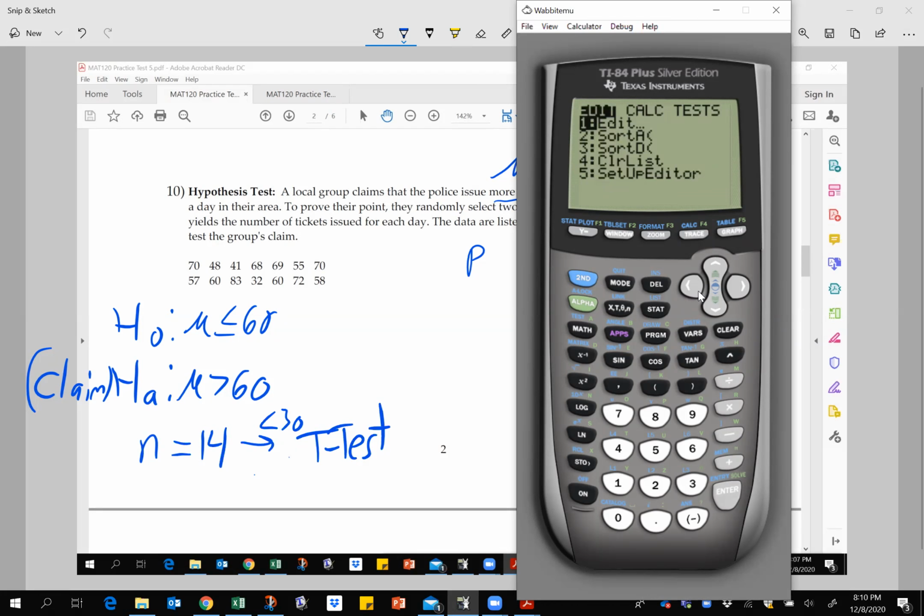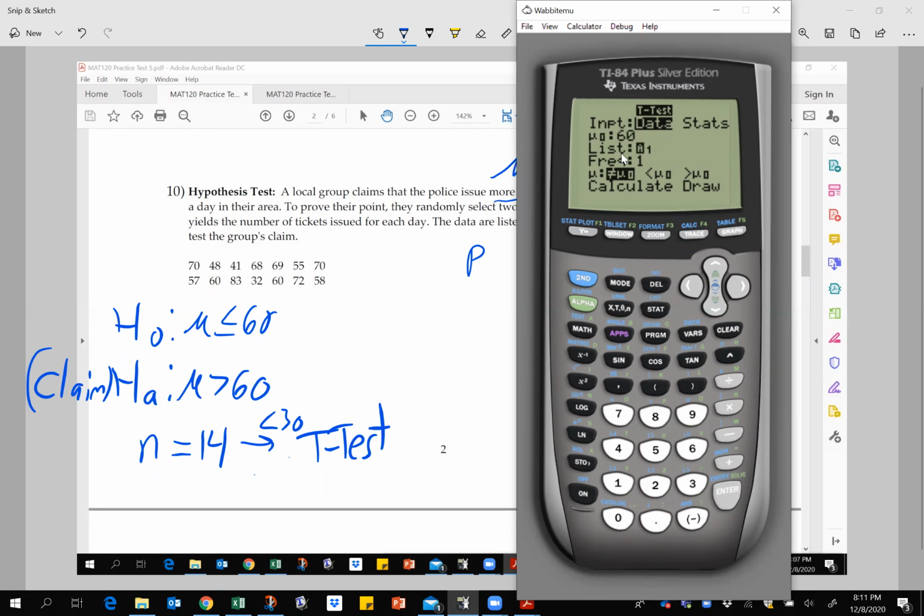Alternatively, you don't really even need to do that. When we go to stat, when we go over to test, t-test is option 2. So we hit enter. And now we can work right off of the data tab. So I'm going to move my cursor over to data, hit enter. And now I can enter my information. The value that was used in our hypotheses, that was the number 60. So that goes here. And there's a place for us to tell the calculator that we're using all of the data off of list L1.